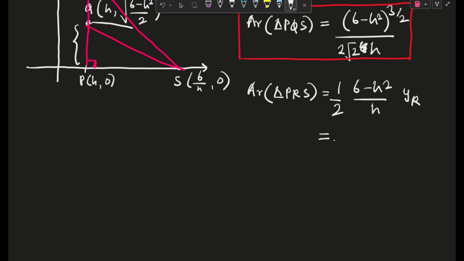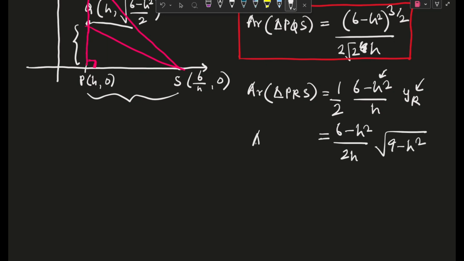Okay, wait, this was the PS distance, and this thing will be your height. So if we multiply this, I guess this will come out to be (6 minus h squared) by 2h, and this thing was root of (9 minus h squared). So this thing is your area of triangle PRS. Okay, I will box this.